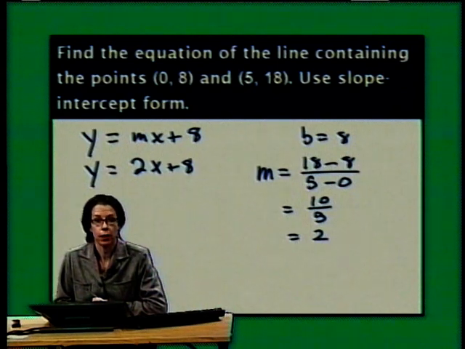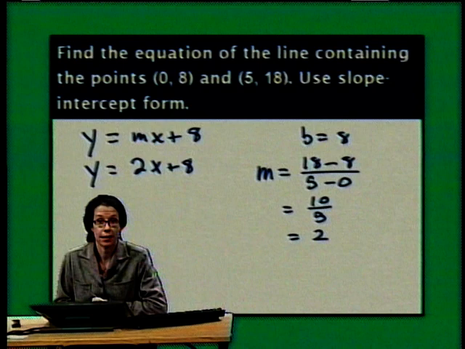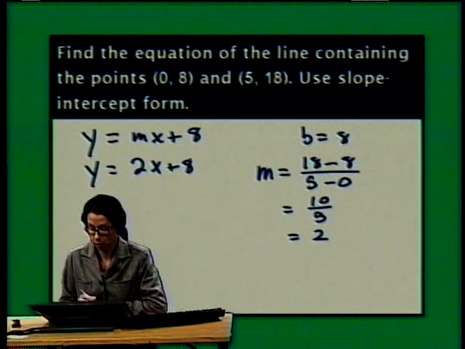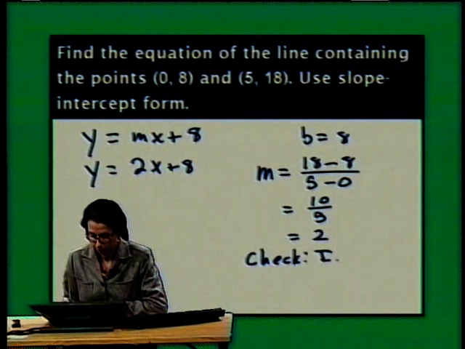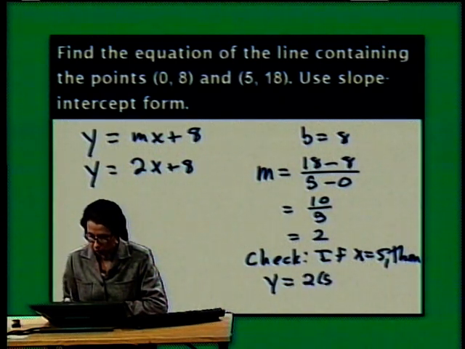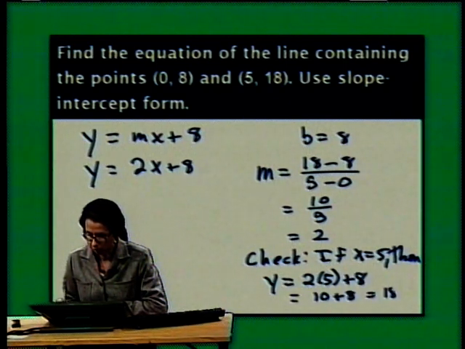So I want to check this. And I can use the point (5, 18) and see if it satisfies the equation. So for my check, if x equals 5, then y equals 2 times 5 plus 8, which is 10 plus 8, which equals 18.